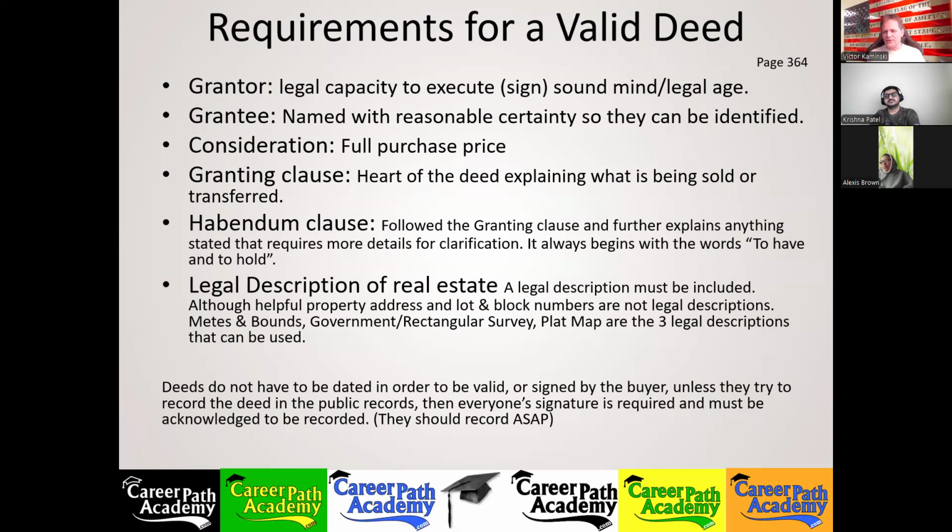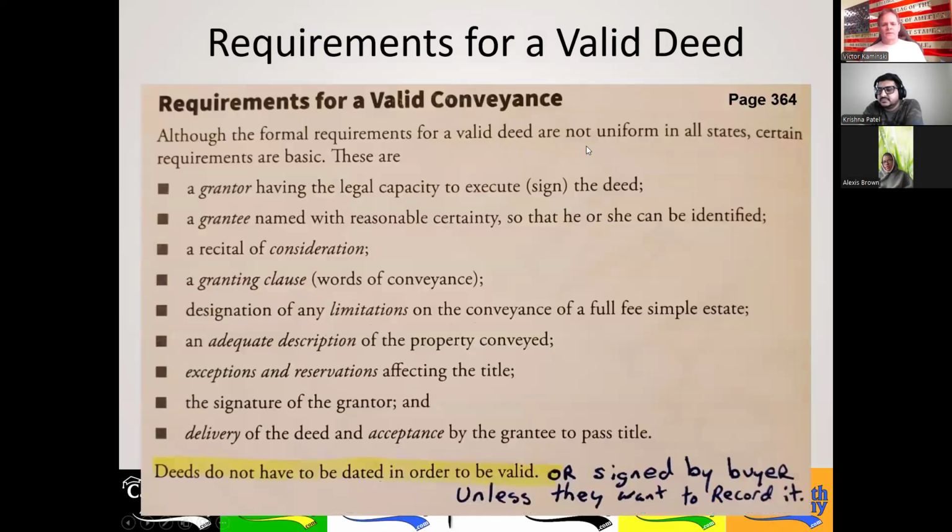It is when we try to make sure that signatures are genuine, to prevent forgeries, where somebody has verified the identity of the signers by checking their IDs or knowing who they are personally. They're acknowledging that fact. So deeds do not need to be dated in order to be valid, and only need to be acknowledged if you want to record them.